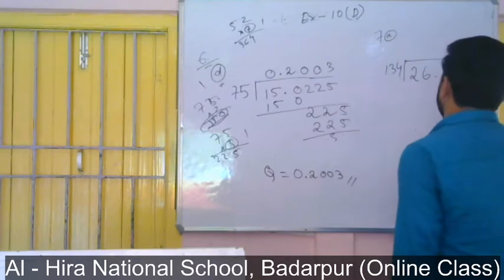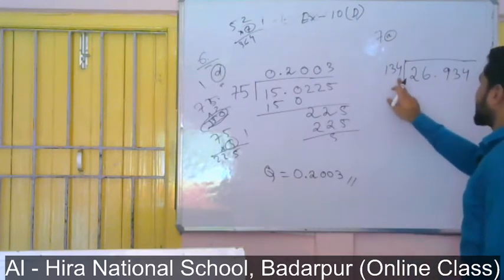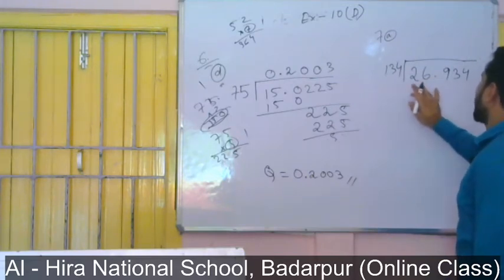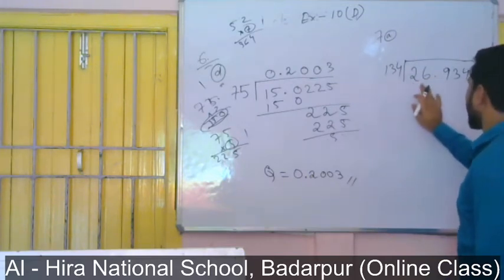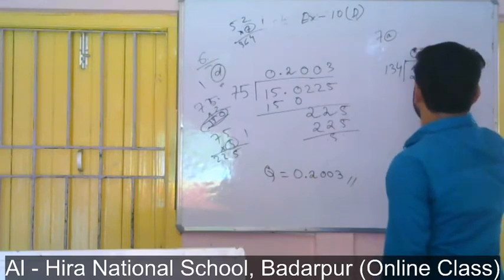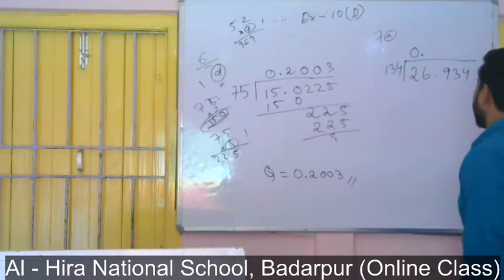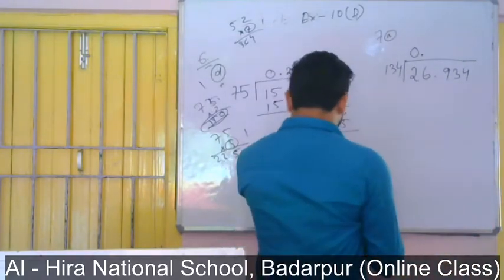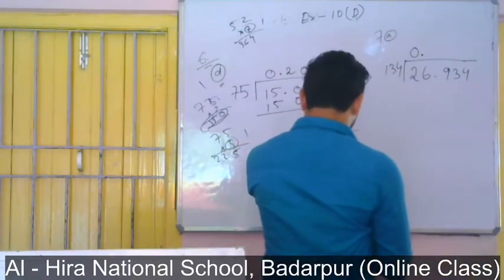Now you see the divisor is 3 digits and the dividend before the decimal point is 2 digits, so it is not divisible. So we will put 0 point. Now I shall take 9, then it will become 269. Then let us check for 269.